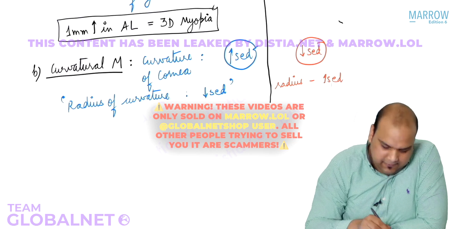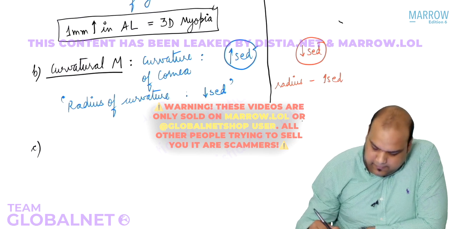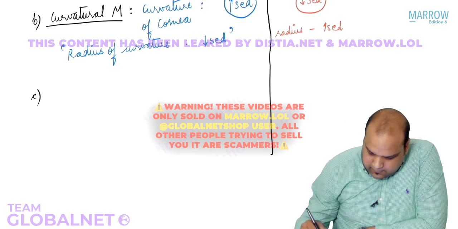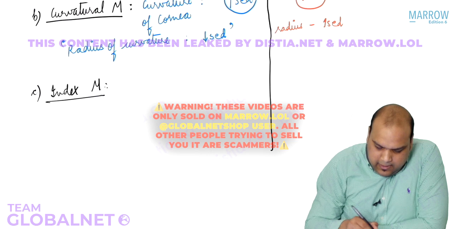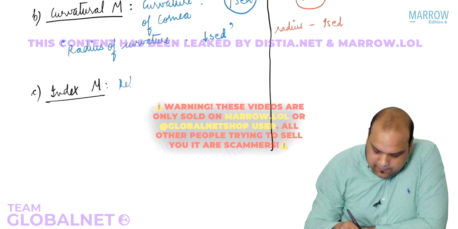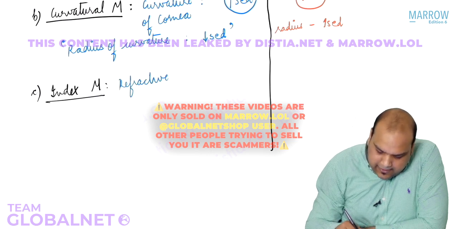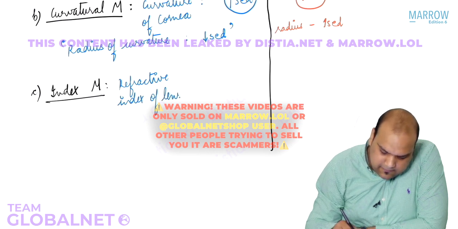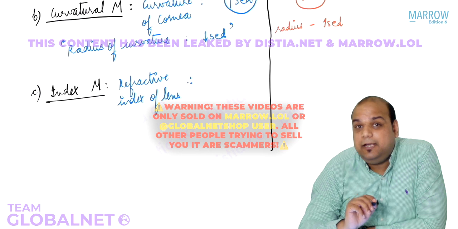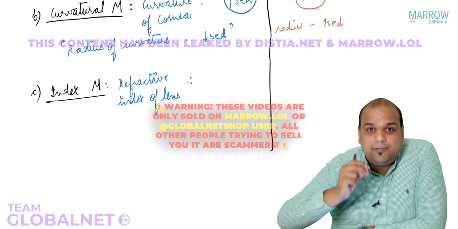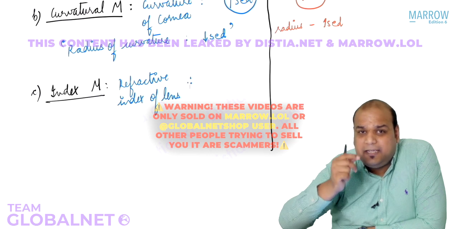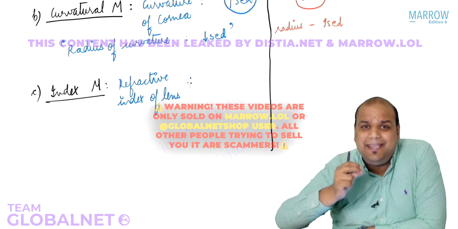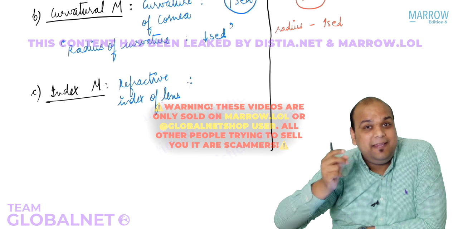Am I clear? Now, third mechanism, everybody, I can call it index myopia. Index myopia is based on the refractive index of the lens. This also has been told to us by listing. When the difference between the refractive index from one medium to another is increased, the power will be increased.